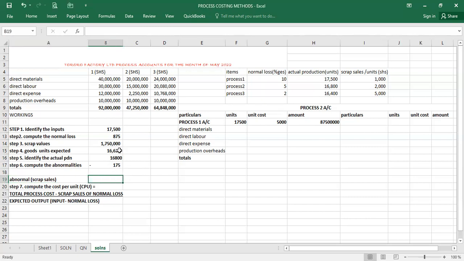It's because we expected to get 16,625, but we rather produced 16,800,000, meaning this 175,000 is becoming our abnormal gain. Because there it is showing a negative, there is no way we can multiply it, it will be giving us a negative figure.